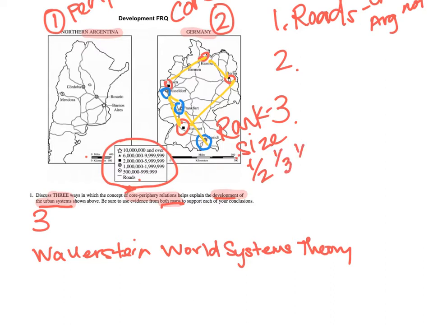Remember, this is the 1 to the nth idea. Germany looks like it could potentially be an example of rank size. Okay, so my second thing I'm going to mention is city structure. Germany, rank size.